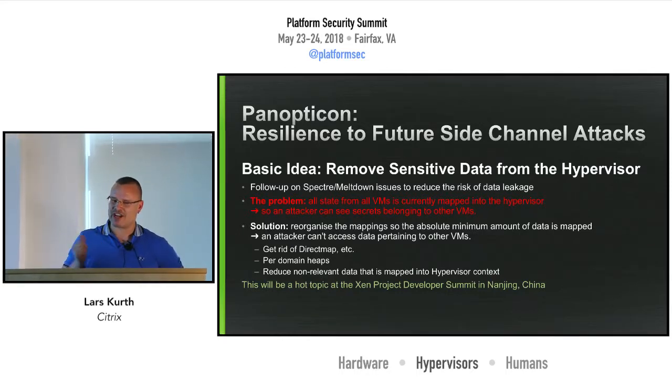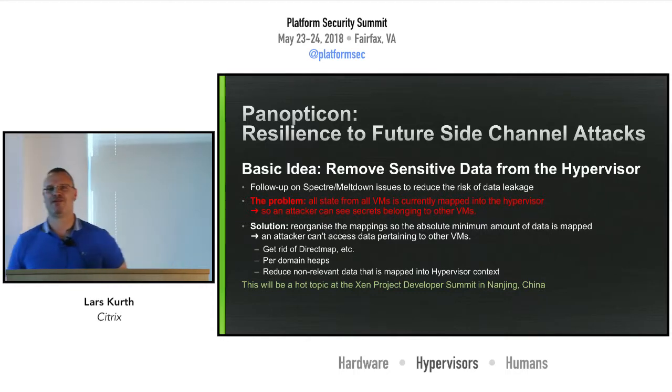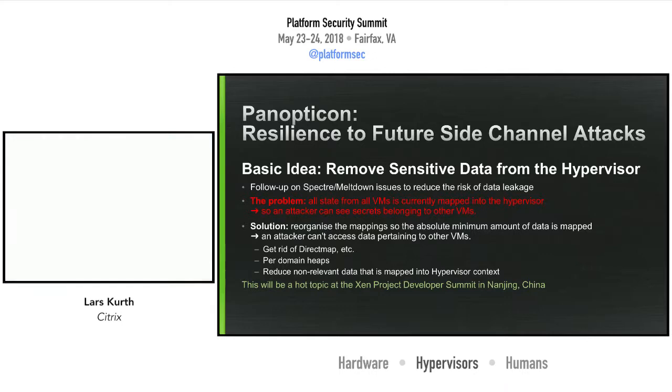We talked about side channel attacks earlier, and we just have to expect that there will be more and more of these coming over the next 2 years. Some of our core maintainers have been sitting together and trying to find ways to mitigate the impact. The basic idea is to remove sensitive data from the hypervisor to minimize the impact of a side channel attack. Because if there's nothing there which is of interest, well, who cares, right?